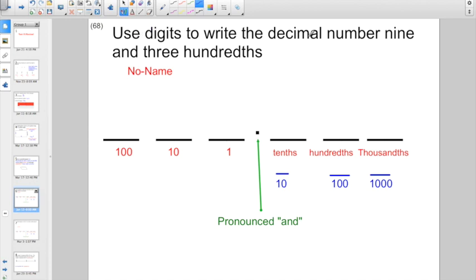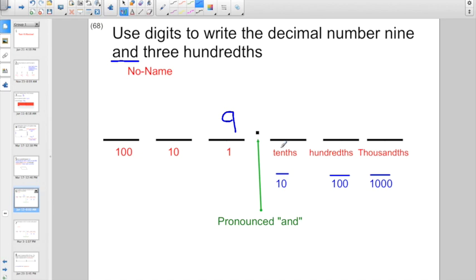Use digits to write the decimal number 9 and 3/100. So and is where the decimal point is, right? I'm going to start off with 9. How do I write 9? We've been doing that since kindergarten or first grade, right? The decimal point means and. And then I need 3 in the hundredths spot.